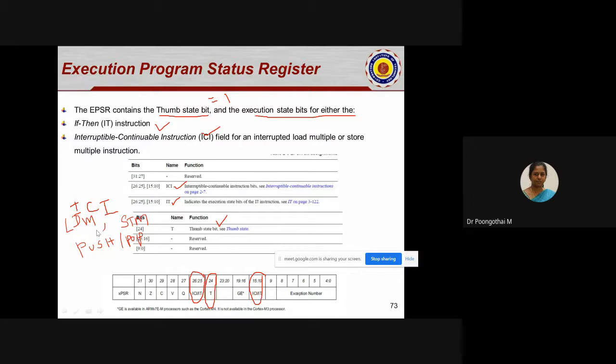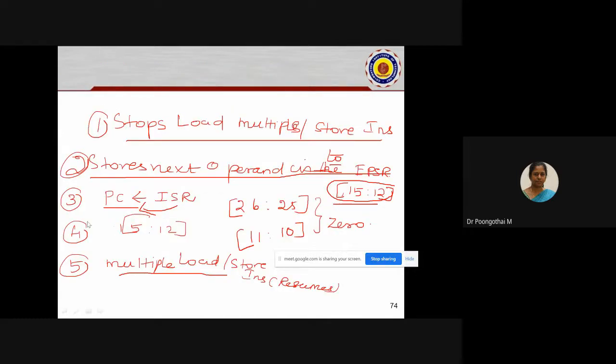So during the execution of this particular instruction, when an interrupt occurs, the processor will do all these steps. In that case, bits 12 to 15 are utilized, so the remaining bits are 0. Is that clear?